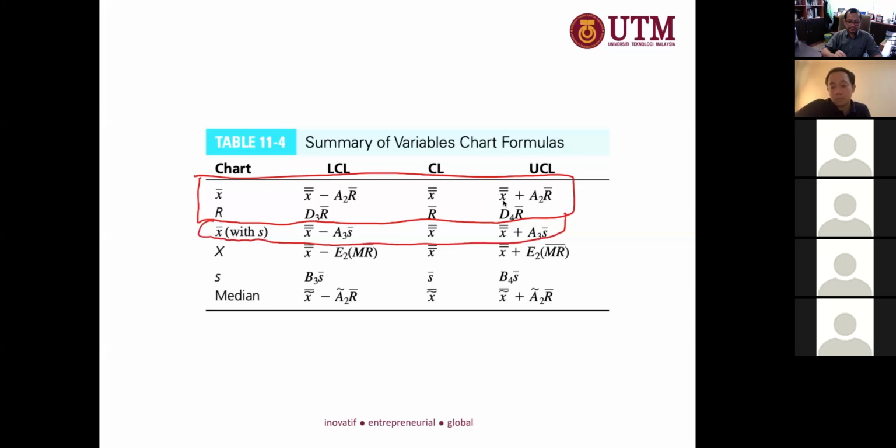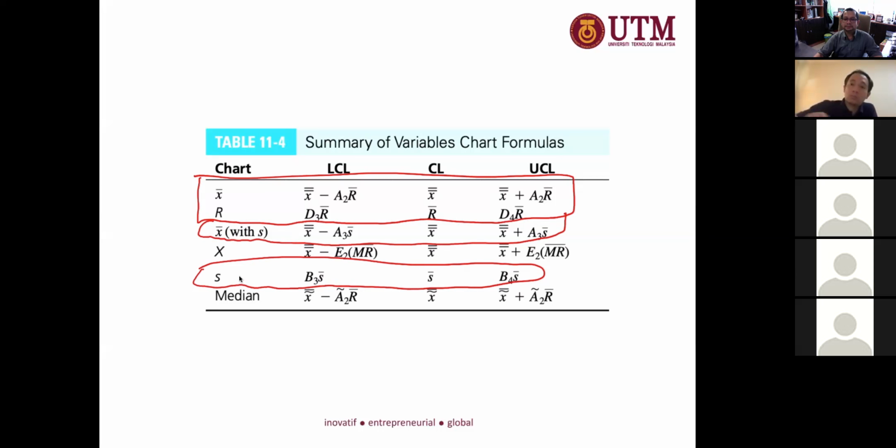This is for the X bar. And of course, instead of R, we can use S. The formula is different. Instead of D3 and D4, we use B3 and B4 for the standard deviation.